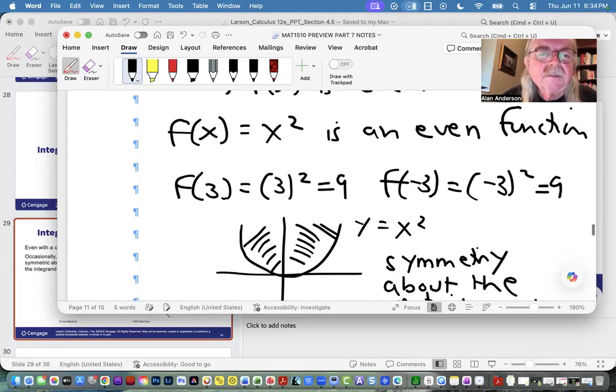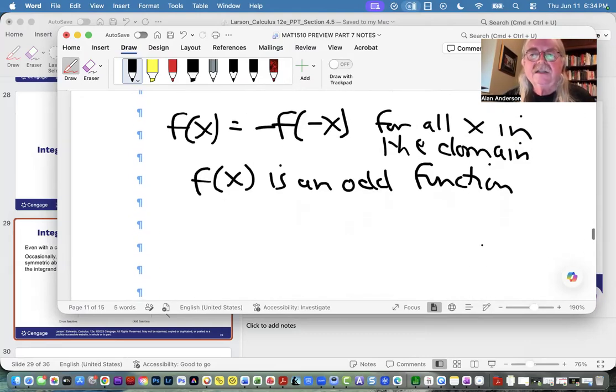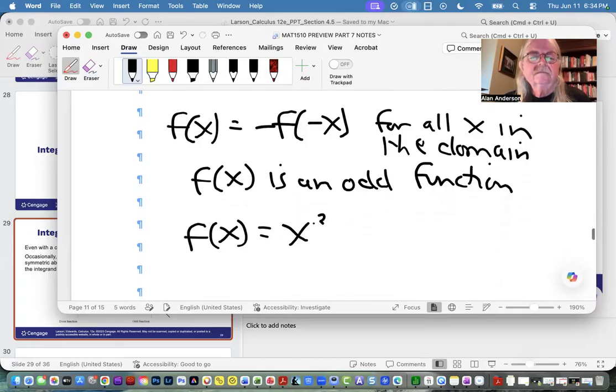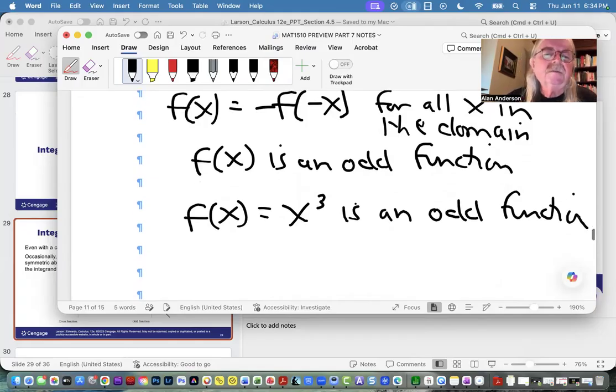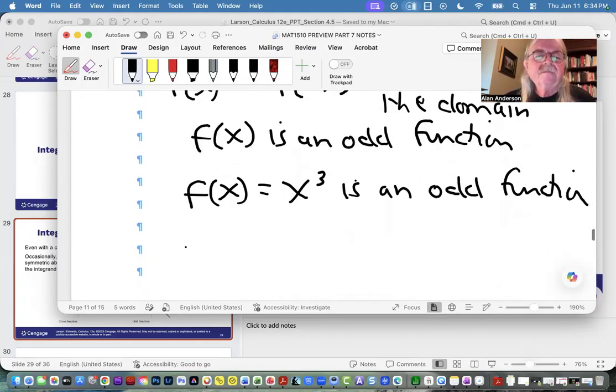And the classic example of this is x cubed. So let me just give you a quick example.